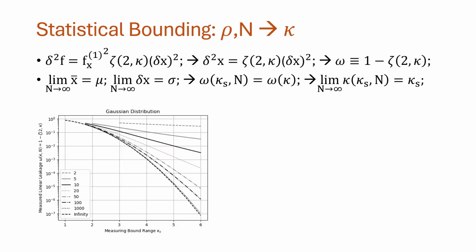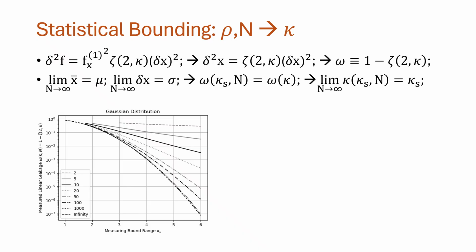You can see when the sample count increases for a Gaussian distribution, the measured linear leakage approaches the distribution linear leakage. For example, when the sample count is 1,000 on the graph, there is almost no difference.